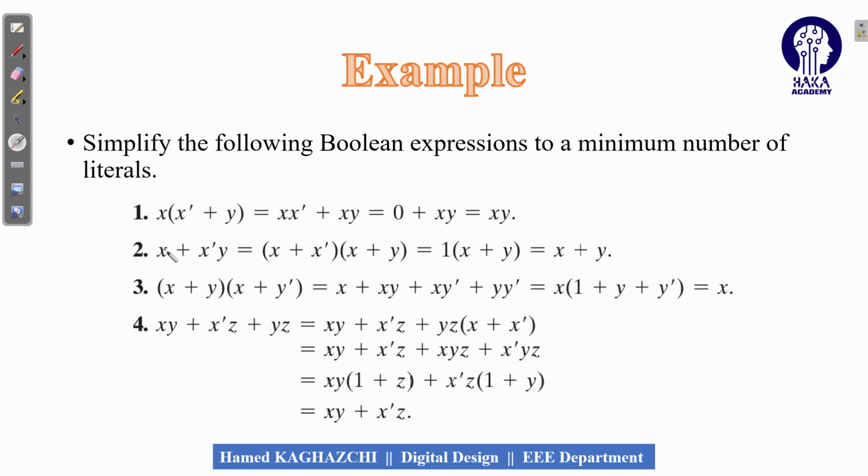In the second one, if I have x or x prime y, I have theorems that say that x or y z is equal to x or y, parentheses x or z. Using this concept, I can write this expression as x or x prime, parentheses x or y. On the other hand, I know that x or x prime is equal to 1. As a result, I have x or y.